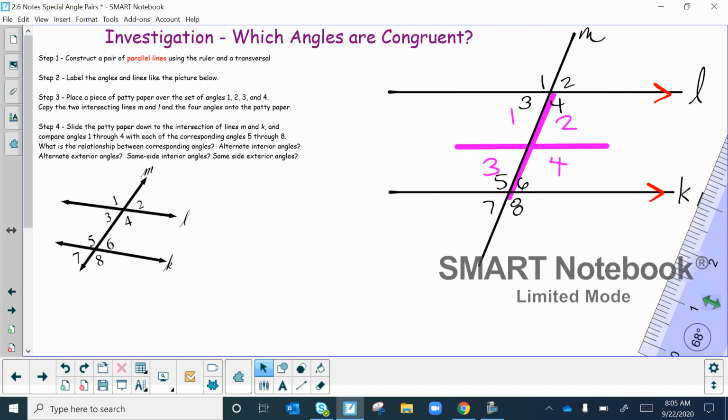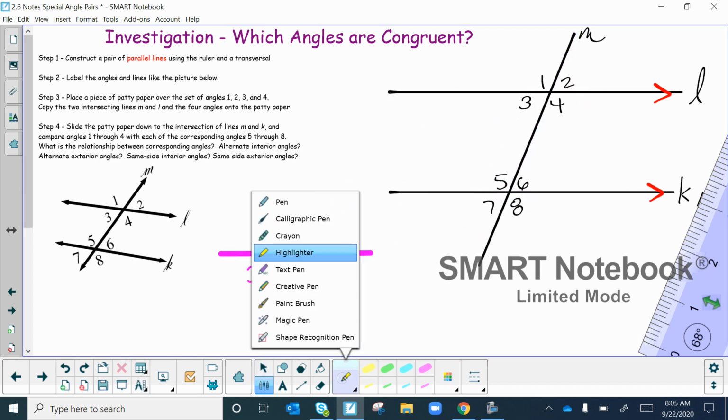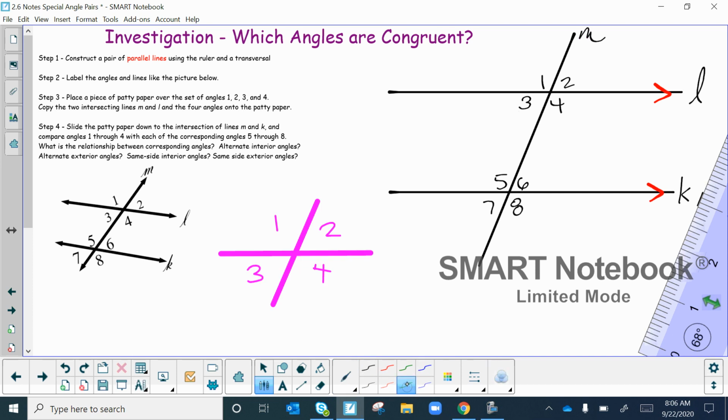Let's go ahead and mark those because they're all the same. Plus, you can kind of tell because it's drawn to scale. Whenever you have parallel lines, those are drawn to scale. So remember, angle 1 was congruent to angle 5. Angle 2 was congruent to angle 6.